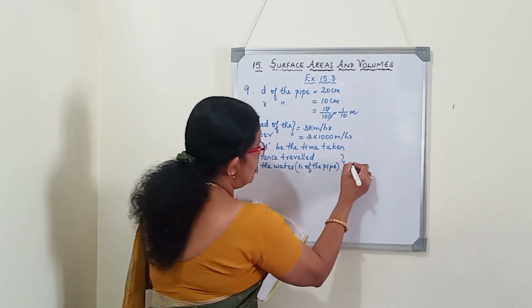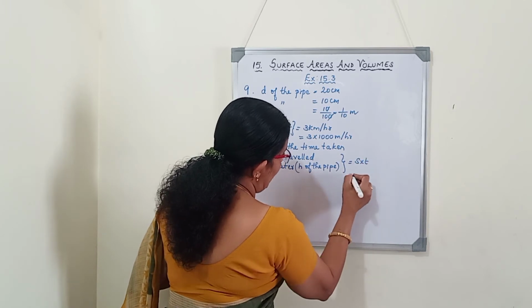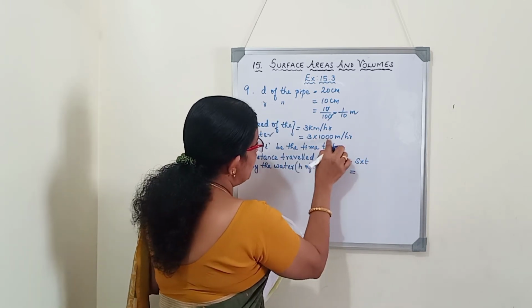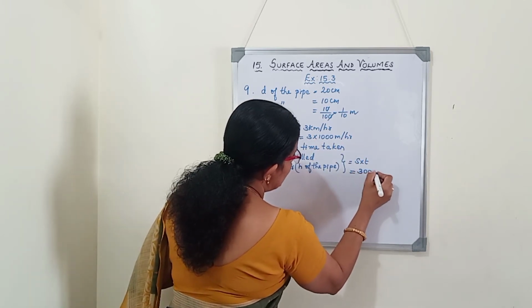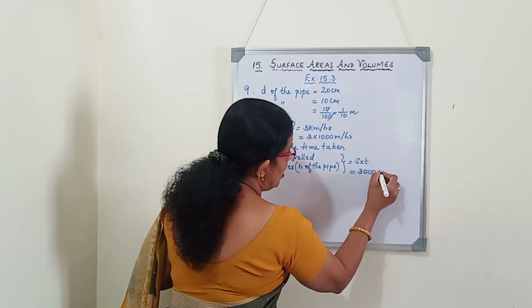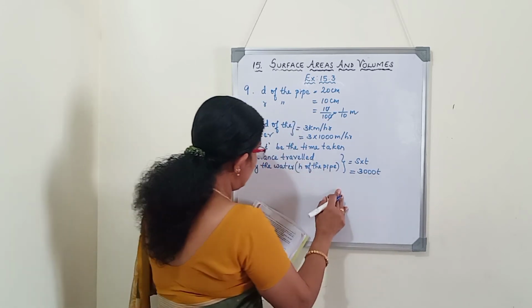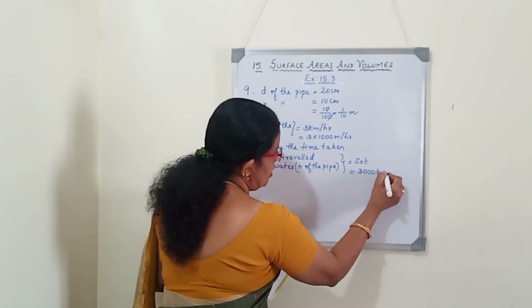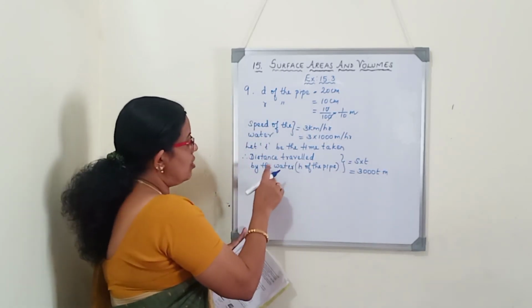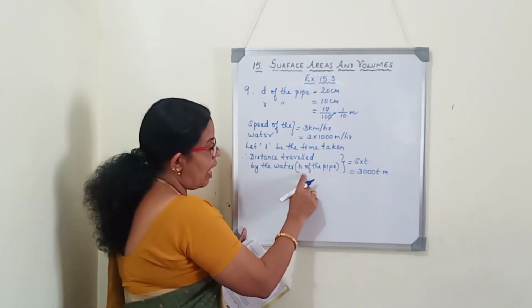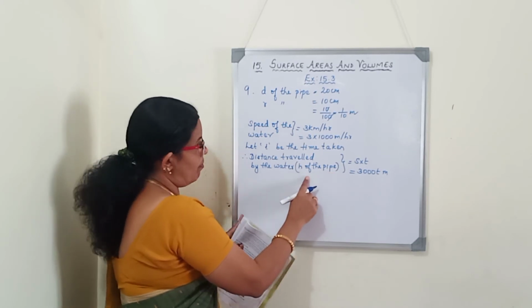So distance is equal to speed into time. Speed is 3000 and time is T we assumed. So 3000 into T, 3000 T. This is in meter. This is the distance travelled. So distance travelled is nothing but height of the pipe or length of the pipe.